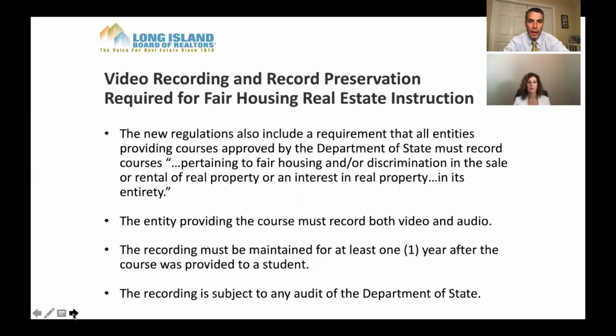The entity providing the course must record both video and audio. The recording must be maintained for at least 1 year after the course was provided, and the recording is subject to any audit by the Department of State.